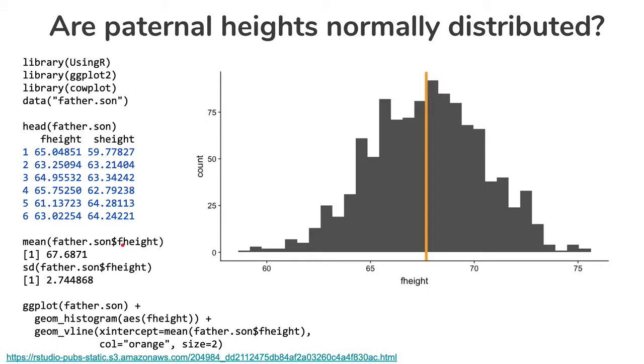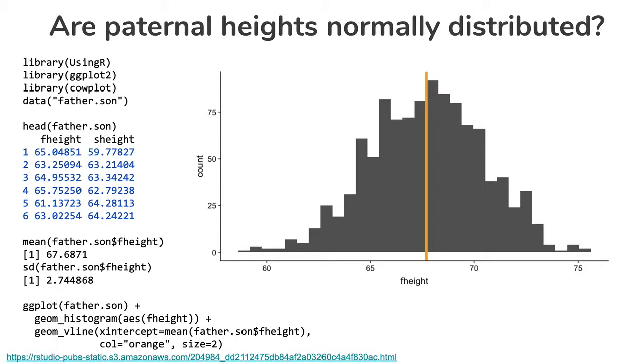We can compute the mean of the father's height, which seems to be about 5'7" and almost 3/4. And remember, this is collected in Victorian England, so I think the heights are a little bit shorter than they would be now. And the standard deviation is about 2.7 inches.